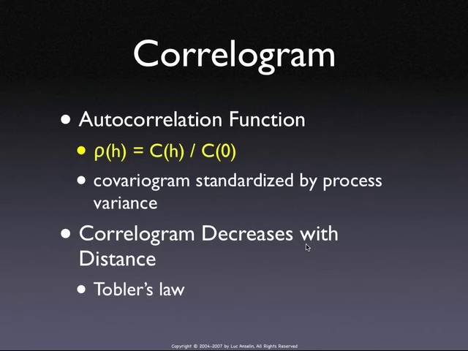So we have now 3 concepts. Well, 4, if you count the variance. We have the variogram and the semi-variogram, which are related to how squared differences change with distance. We have the covariogram, which tells us how covariances, cross products, change with distance.